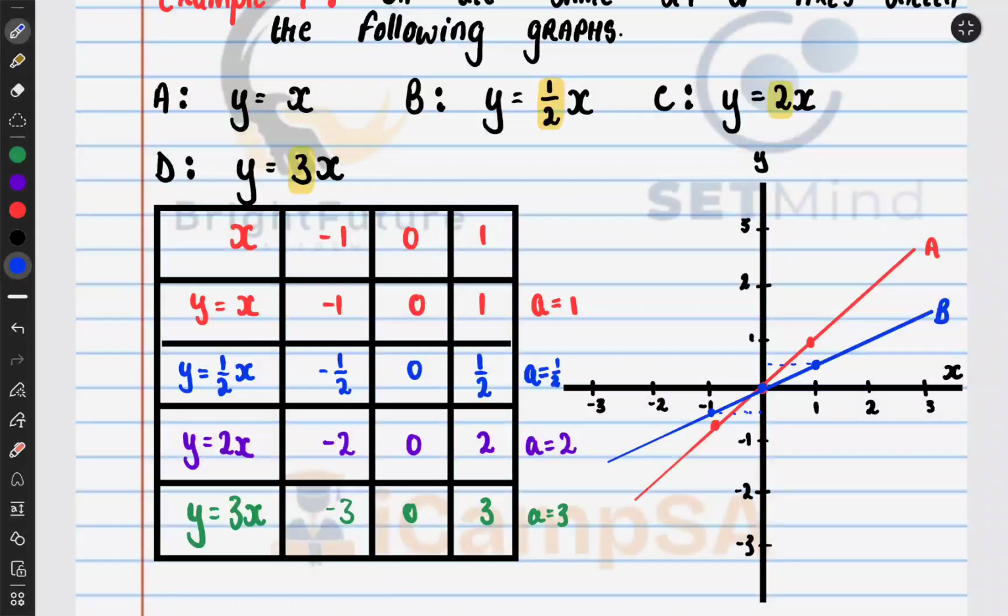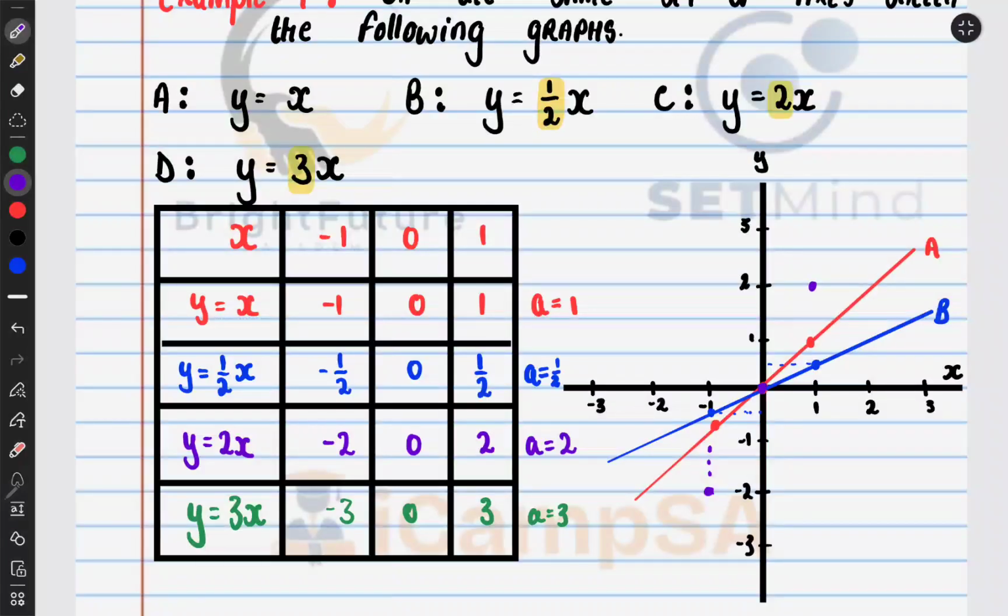Okay, and then let's quickly draw the third function. y is equal to 2x. The first coordinate is negative 1 and negative 2 here. That's the first point in there, negative 1 and negative 2. And then the second one is 0. And then we have 1 and 2 here.